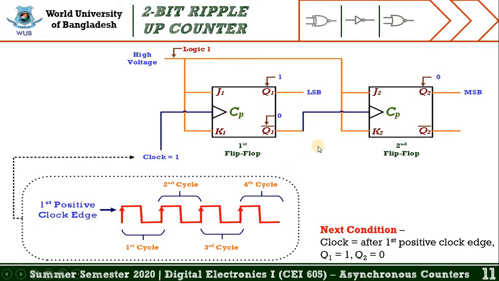Well, this slide represents the next condition, in which you may notice that the value of the clock is 1, which means the first positive clock edge is applied at the clock.